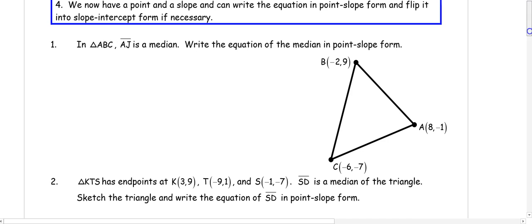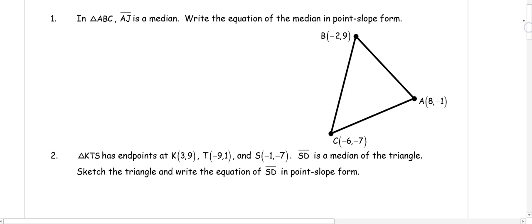So in number 1, we have triangle ABC with a median. Write the equation of the median in point slope form. The nice thing is here that they already gave us a triangle, so I'm going to draw in my median, and I'm going to call that J. So the first thing that I need to do is figure out what the coordinates of J are. So I need to find the midpoint of BC.